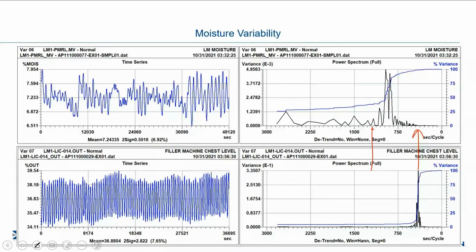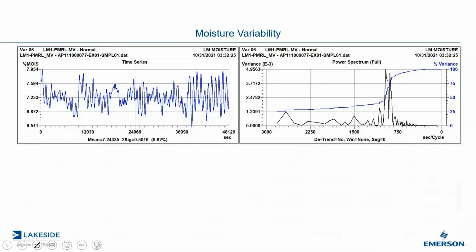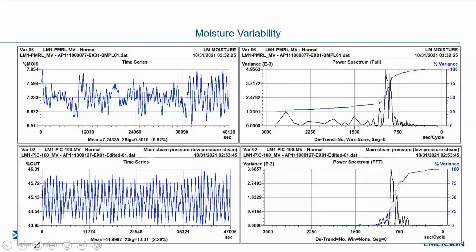So then I said, okay, I'll look elsewhere. I looked at one of the main steam headers. Remember, the dryers are fed steam. The steam generates heat, and the higher the pressure of the steam, the hotter it is. You get more drying, and with lower pressure, you get less drying.